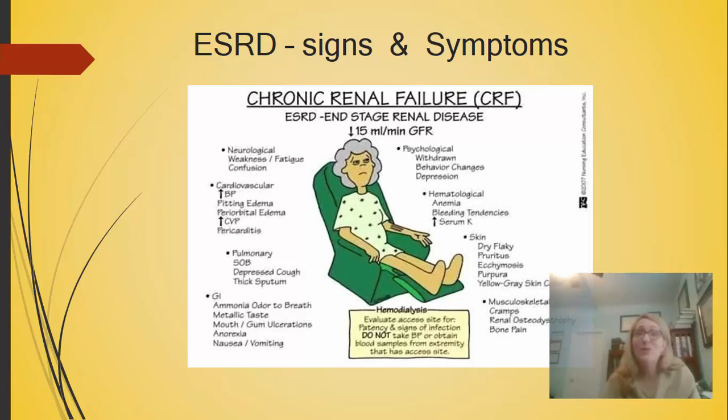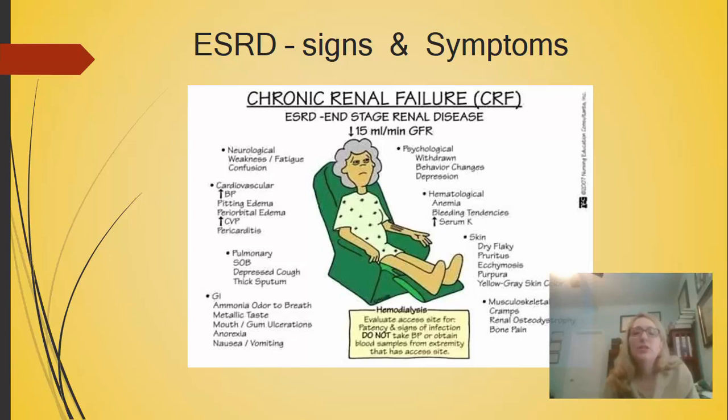Mood swings can swing wildly because they're having a buildup of some of these toxins in their body, but also the loss of function in their life is being greatly impacted if they're back and forth at dialysis 3 and 4 times a week. I mean, that can be pretty draining on them and on their family members or support system.